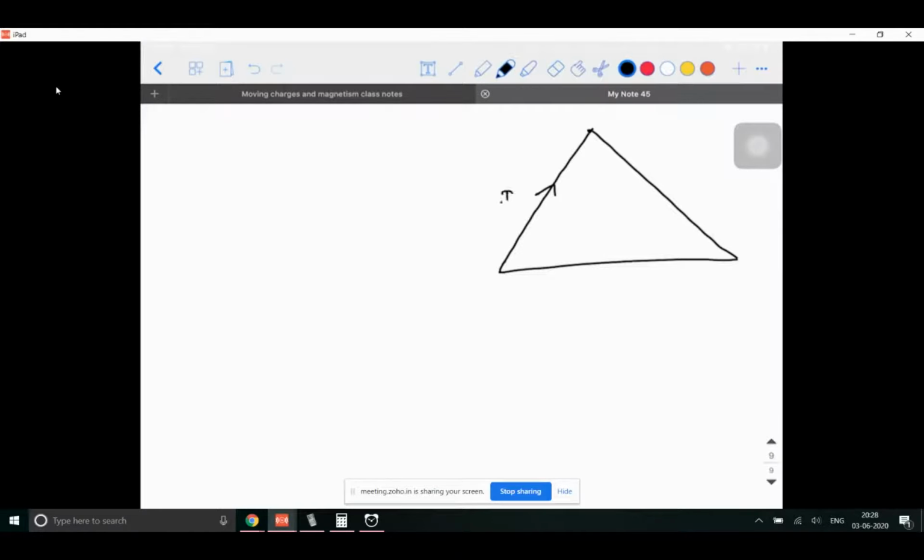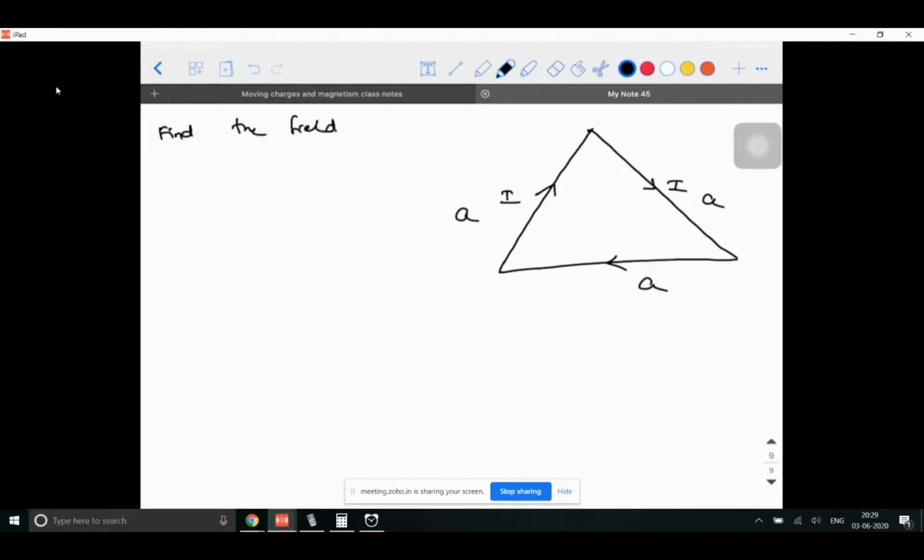So if I take 3 wires of equal length and place them in such a way that they form the vertices of an equilateral triangle of side A, we need to calculate the magnetic field due to the system at the centroid.